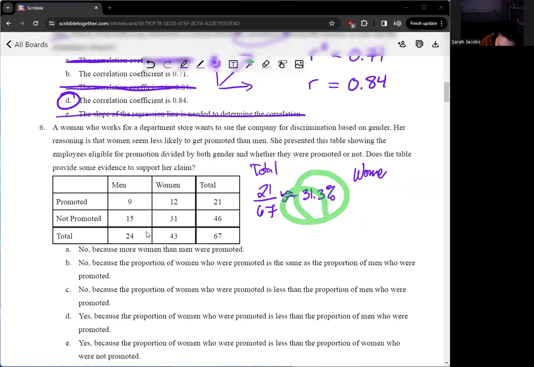So for women, we had 12 out of 43. 12 out of 43. And that's about, sorry, I did this as a percent. That's about 28% or 27.9%. Okay. Those are not exactly the same, but they're reasonably close.